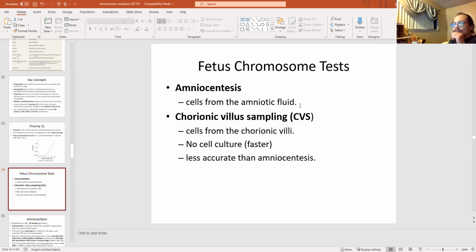For the amniotic fluid, there is a period of time that provides a good amount of fluid space for us to get the sample. However, CVS is less accurate because these cells may include mother cells. But the advantage is that it's faster because we don't need to do the cell culture.